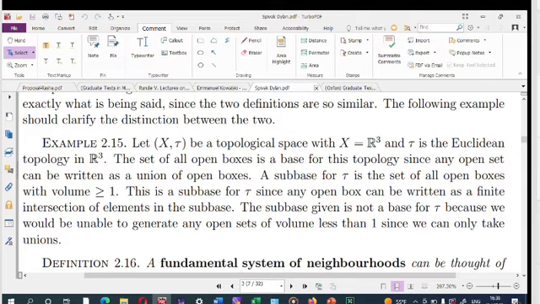The subspace given is not a base for tau because we would be unable to generate any open set of volume less than 1 since we can only take unions. It's very trivial.